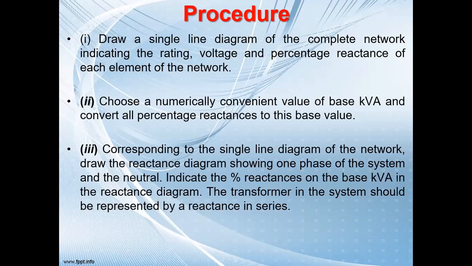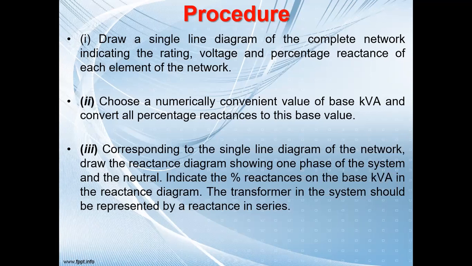Third point, corresponding to the single line diagram of the network, draw the reactance diagram showing one phase of the system, because we are not worried about the three phases. Whatever happens in one phase will be valid for the other two phases. One phase and the neutral. Indicate the percentage reactances on the base kVA in the reactance diagram.